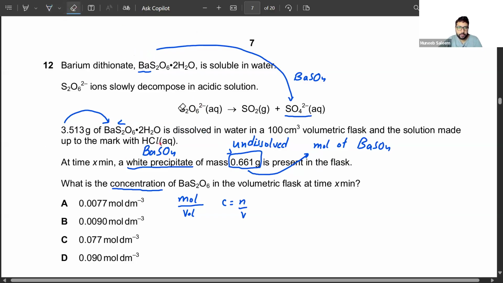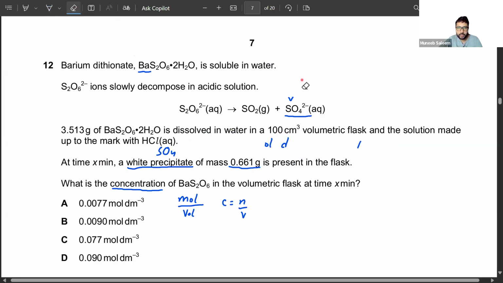So I'm going to find the moles of the compounds. For that purpose, I need to clear all this writing. First of all, let's calculate the Mr value for the barium dithionate compound. Mr of this compound is calculated as we have one barium, two sulfur, and then 8 oxygen and 4 hydrogen.